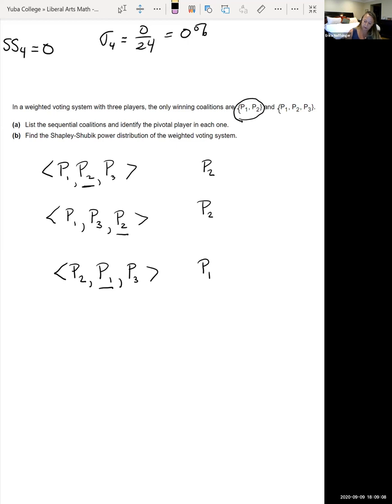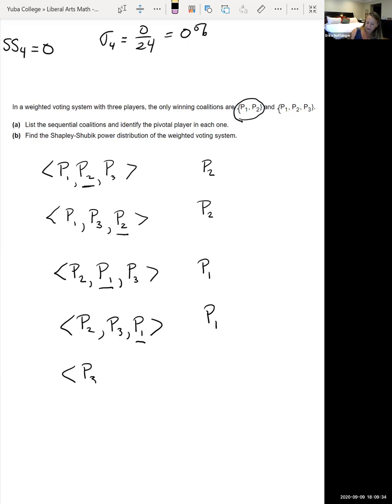So player 1 is a pivotal player there. Player 2 could be first, then player 3 comes in, and then player 1. Well, 2 and 3 can't win by themselves, or it would be a coalition up here. So player 1 is pivotal.